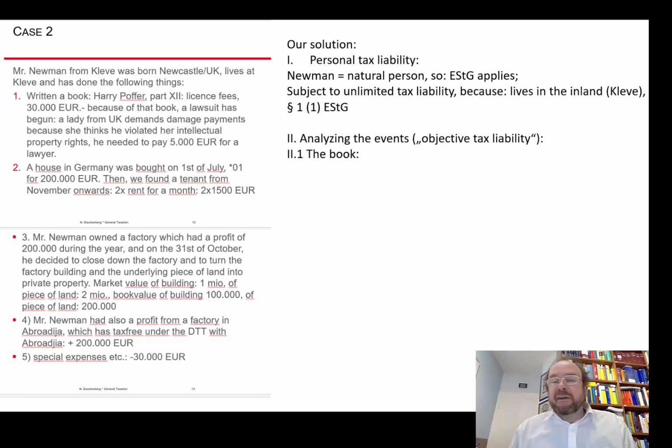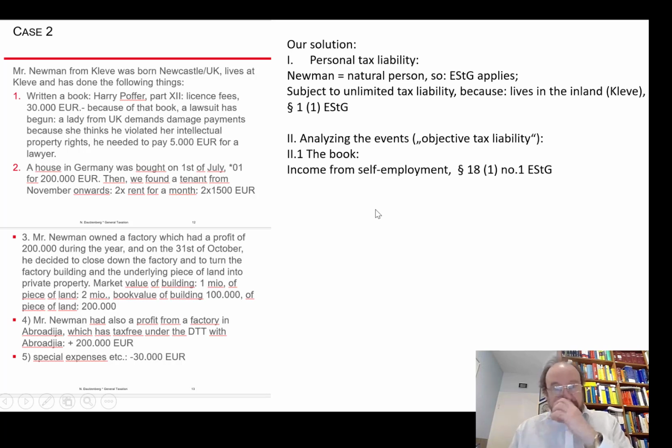Event number 1, writing the book. Harry Potter Part 12. He gets license fees, 30,000, but let's begin with the income type qualification because that's always the best idea. It's income from self-employment, paragraph 18.1, number 1.